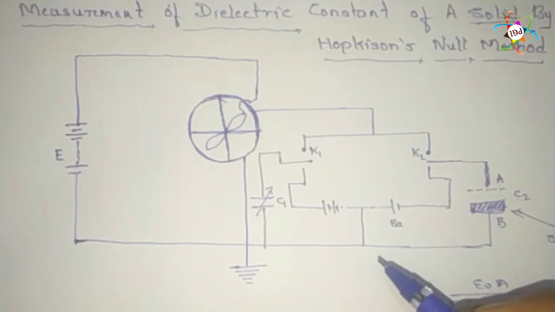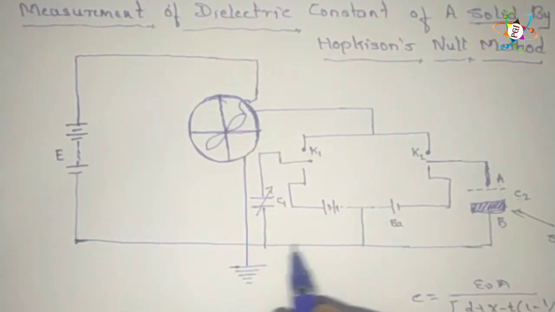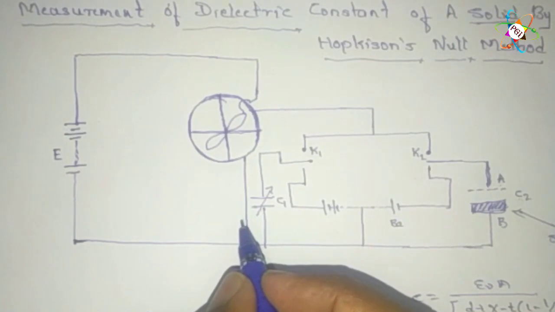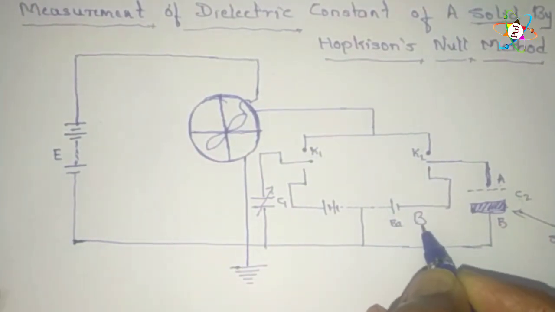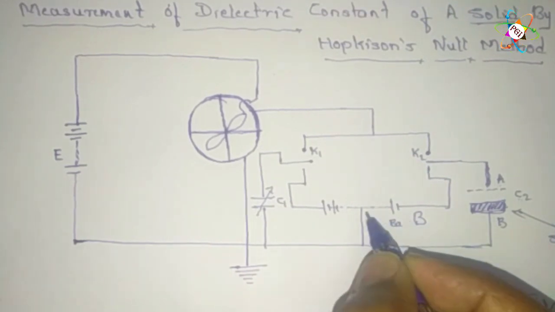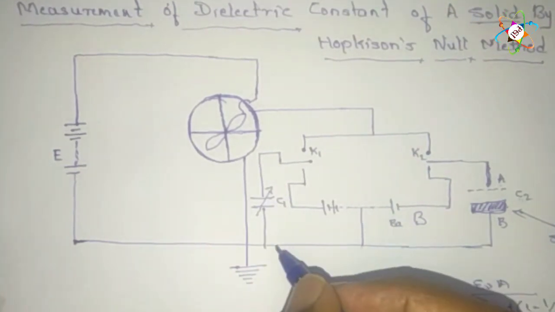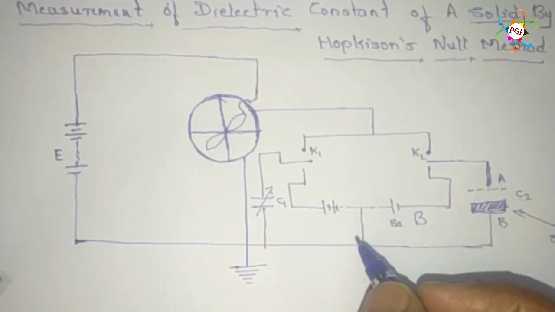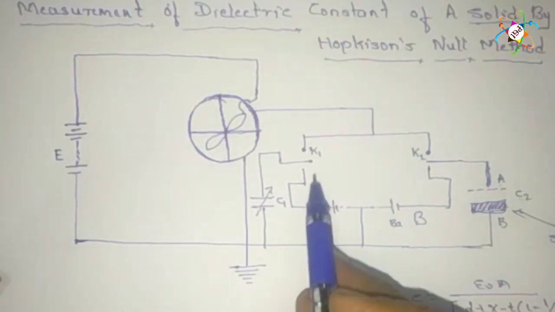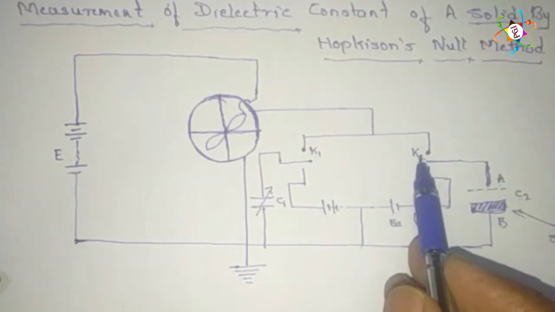Now consider this B as the battery, and the battery is connected to the earth, the ground. The next thing to consider is K1 and K2.